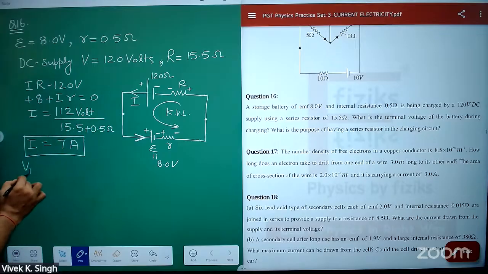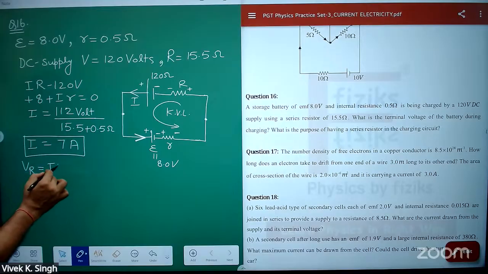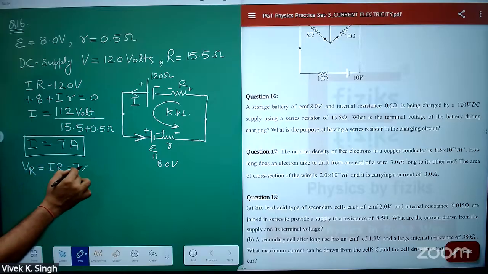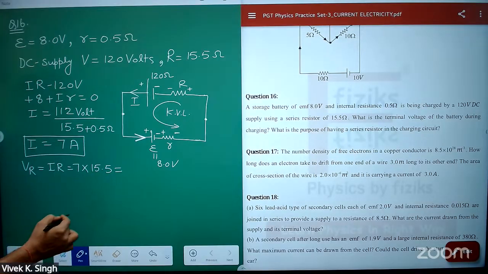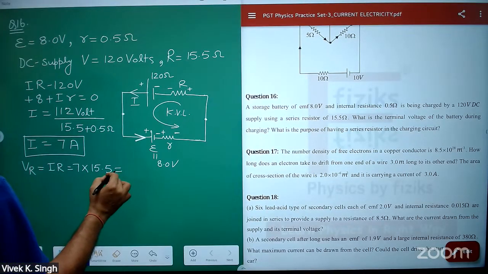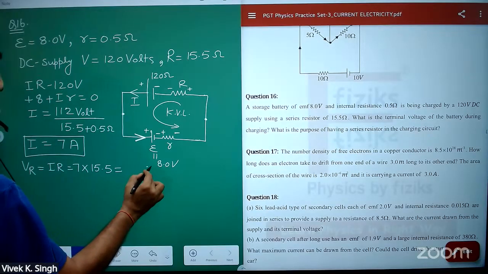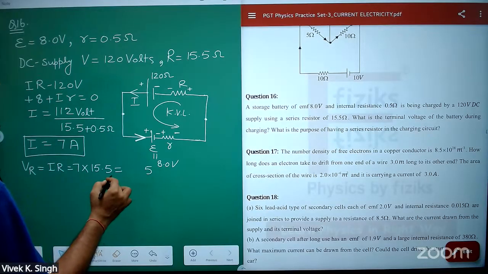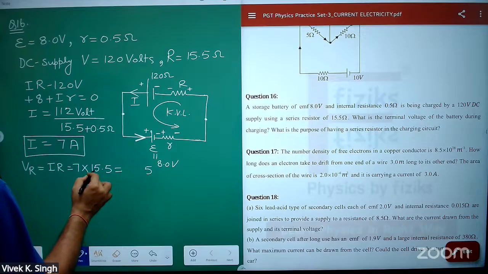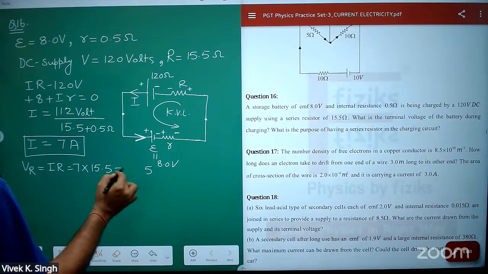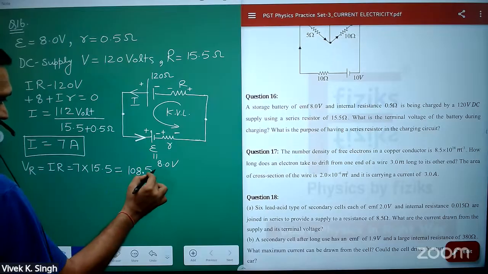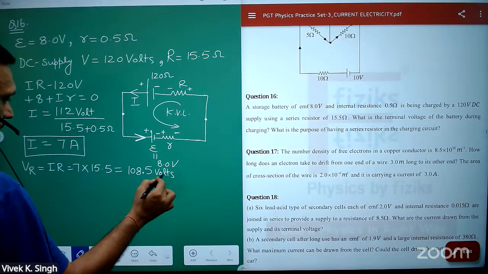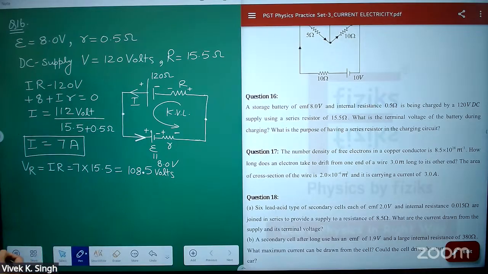VR is I into R. So 7 into 15.5, and this will be 108.5 volt.